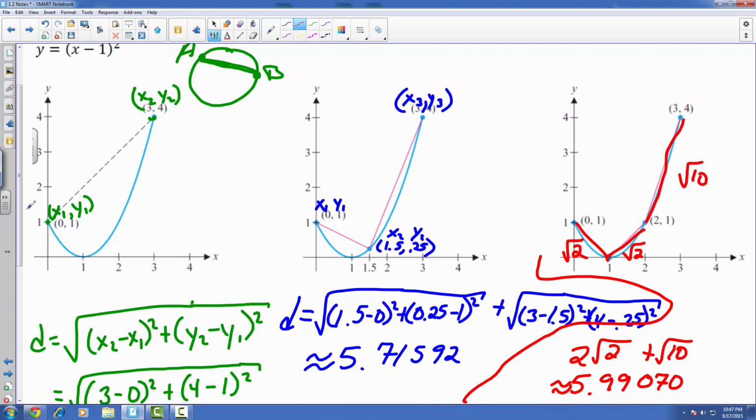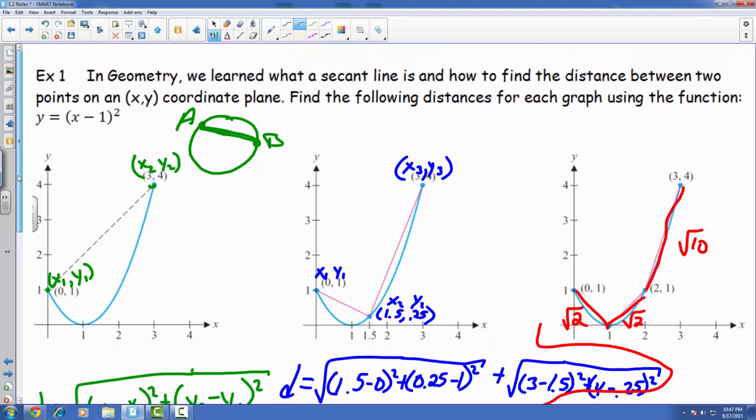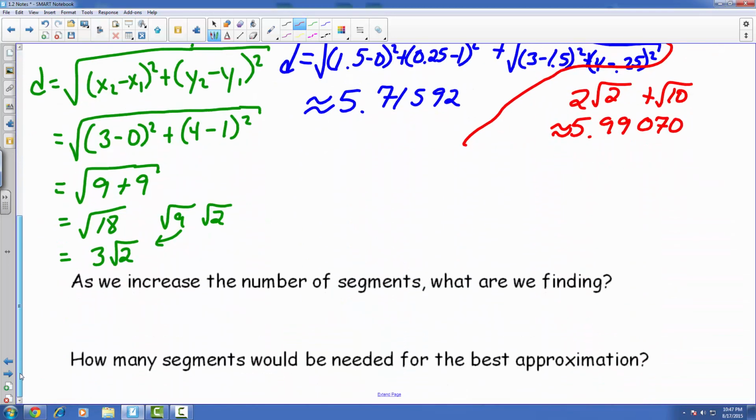All right. So now, looking at things, here we're just finding the secant between 2 points. Here we had 3 points to work with. And then here we had 4. So hopefully you're starting to think, as we increase the number of segments, what are we finding?